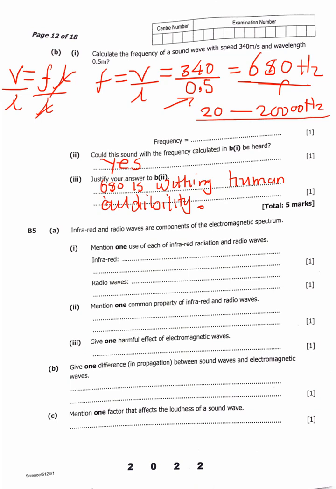Now let's move on to question 5. The infrared and radio waves are components of the electromagnetic spectrum. Roman number 1, mention one use of each of infrared radiation and radio waves. So for infrared, it can be used for cooking and also in remote controllers.